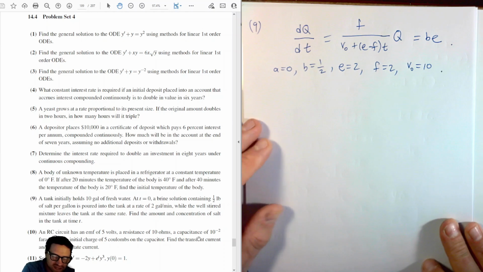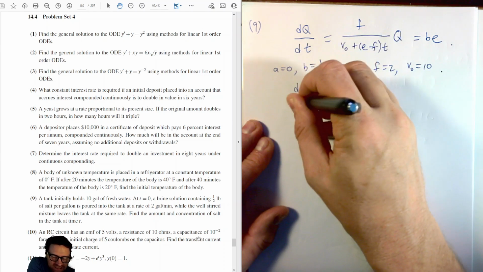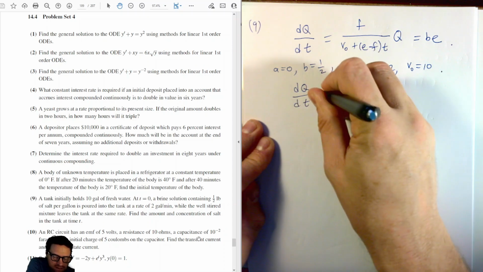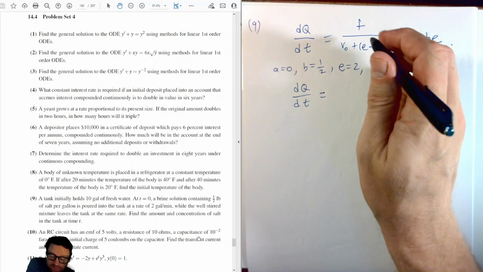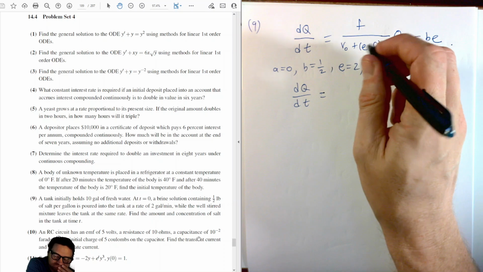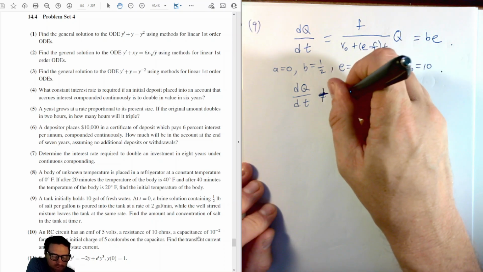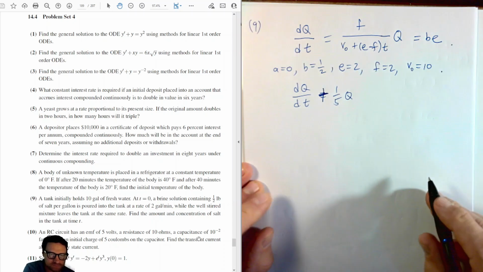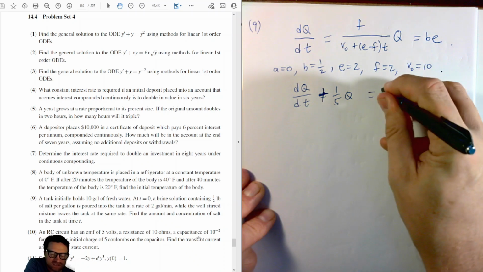And so this gives us dq/dt plus 1/5 of q is equal to 1.